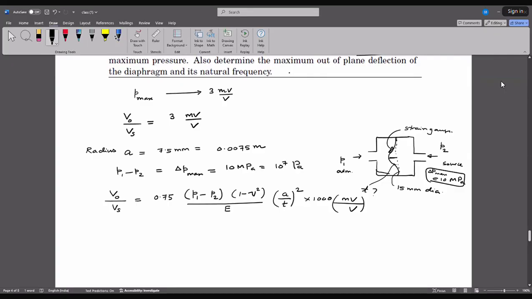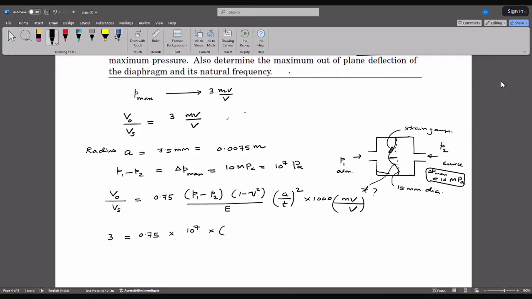Now here we need to find T. So basically this is 3. P1 minus P2 is basically 10 to the power 7. And this is steel.